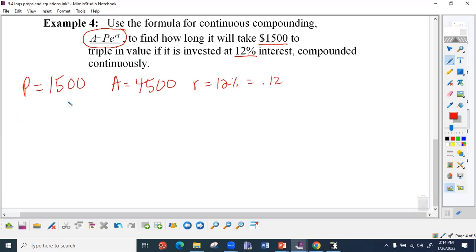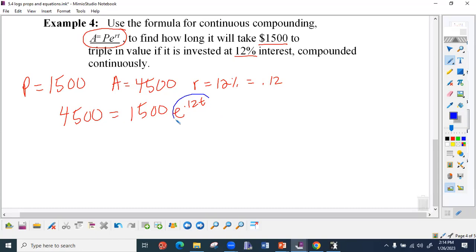So I now have all the values and I'm going to substitute them in. So we have 4,500 equals 1,500 times e to the 0.12 t. And now our goal is to get to t, to figure out how long it's going to take me to reach that amount at the rate I'm saving.